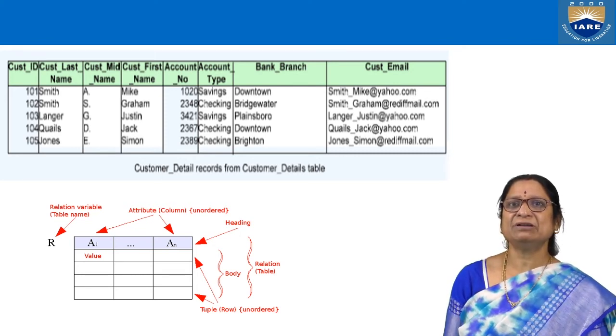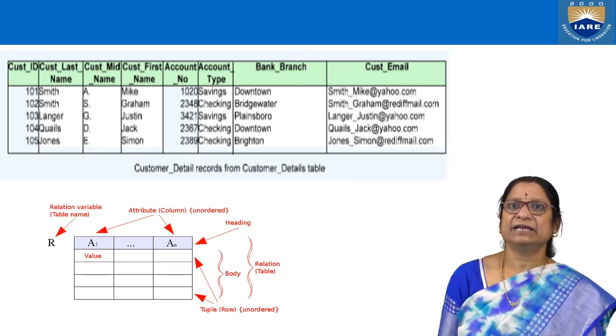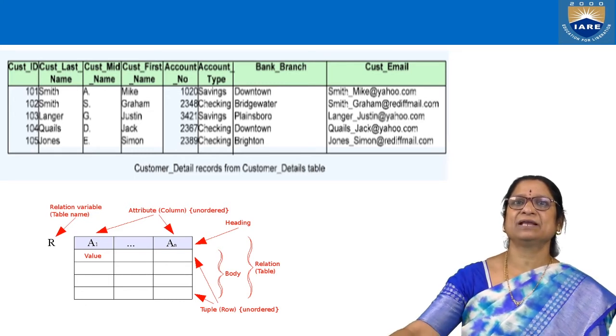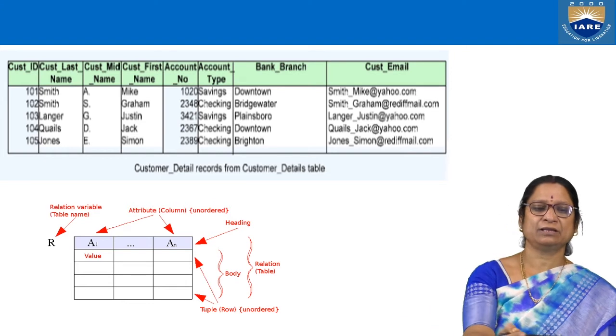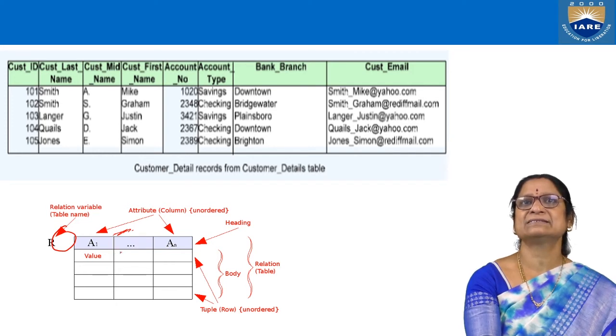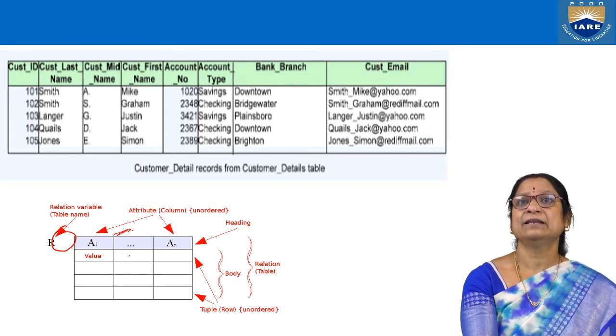So how will the data be stored here? You observe this table will have a name. That particular name is the relation or table name. This is the name, and these are attribute names, as we described in the previous table: customer ID, customer name, etc. We will call them columns or attribute names, depending upon the language which we are using for implementing.